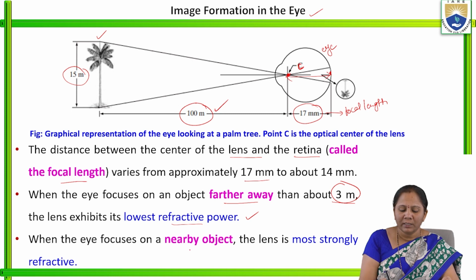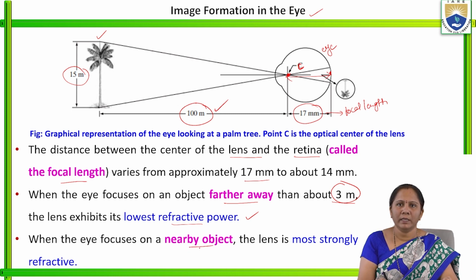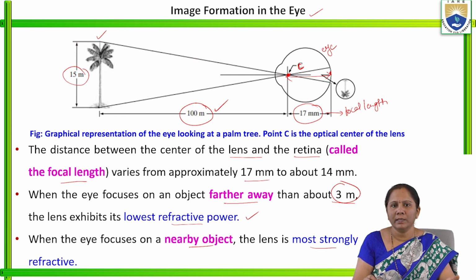In another case, when the eye focuses on a nearby object, the lens is most strongly refractive, and that object can be visualized very clearly.